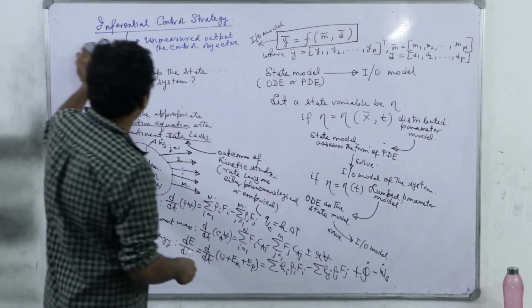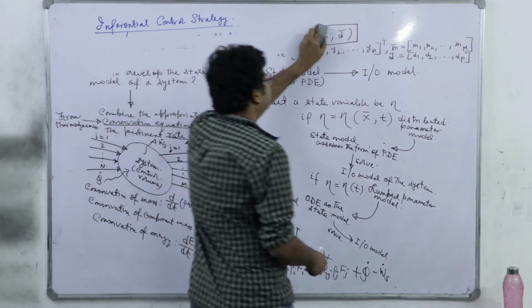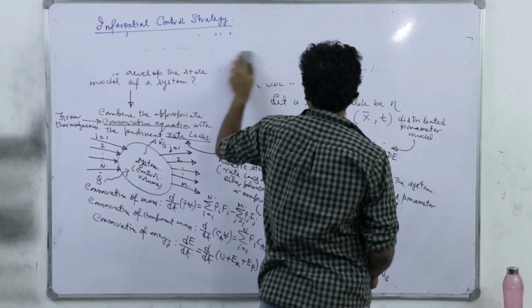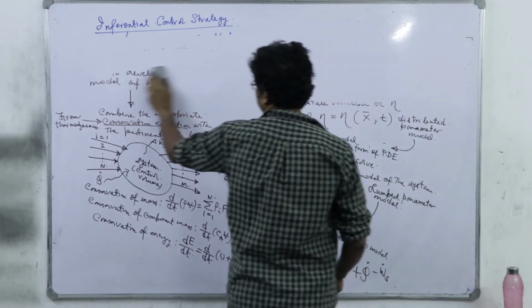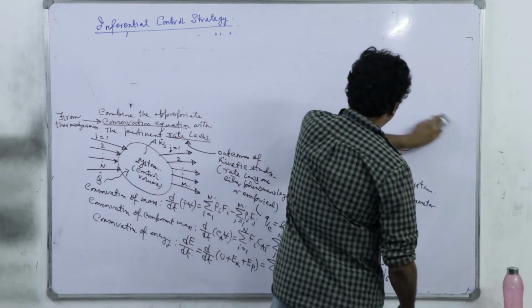So, first let us discuss the lumped parameter model, different examples of lumped parameter models in the chemical process industry, which we can approximate as lumped parameter.